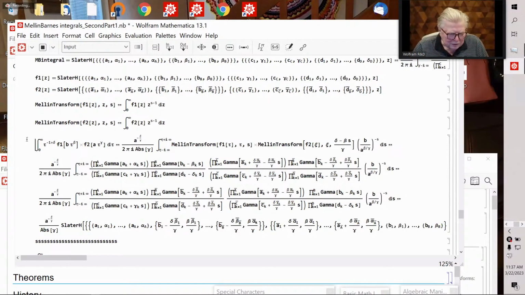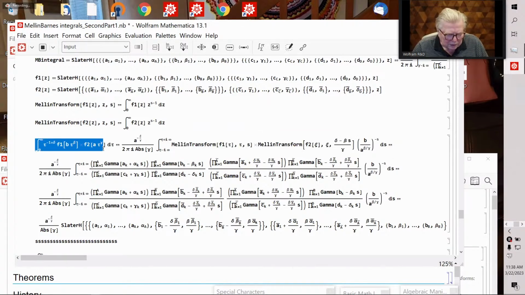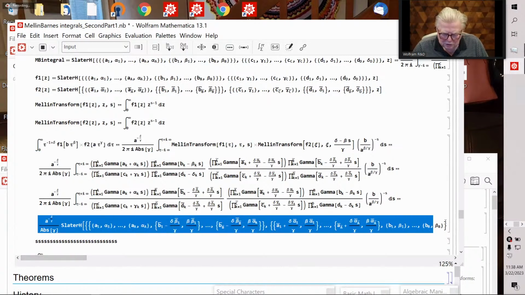So, this integral from Mellin, it is inverse Mellin transform from product of Mellin transform of each function. And here I accurately derived this formula, and we have a result, this guy equal to this one.